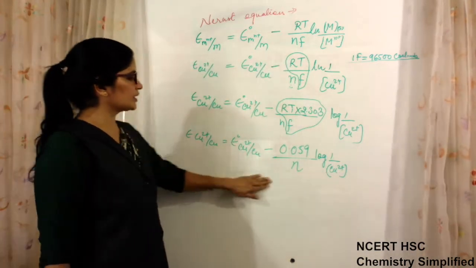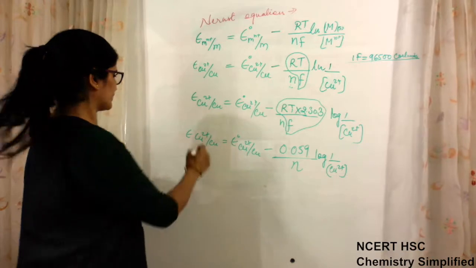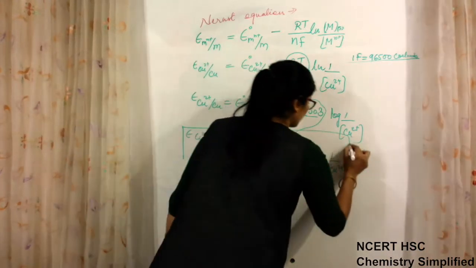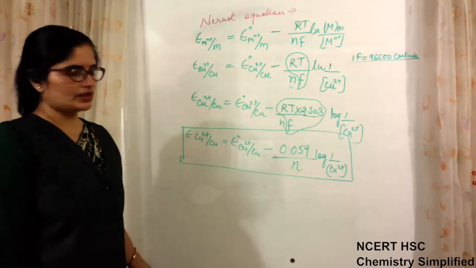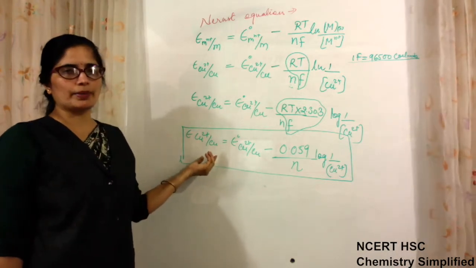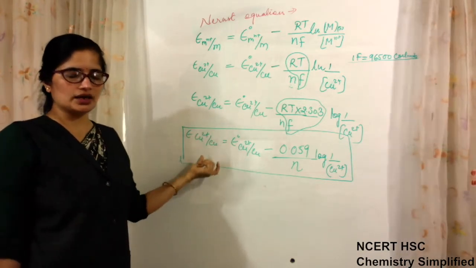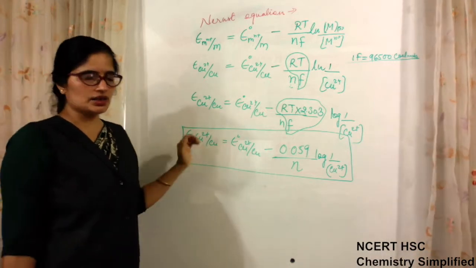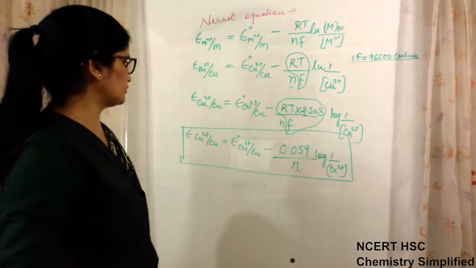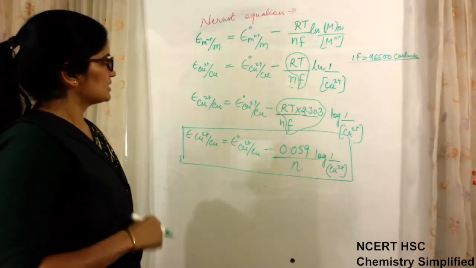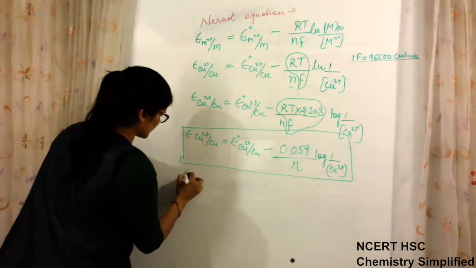This is the Nernst equation for one electrode. This is your reduction half. Copper in the case of the Daniell cell represents the reduction half. So this is the reaction for one half, the Nernst equation for one half of the cell. Similarly, we can write it for zinc.